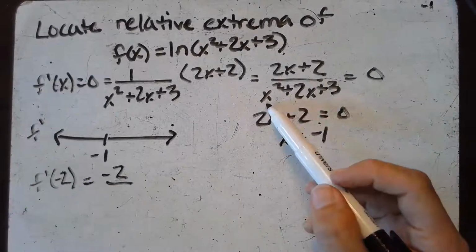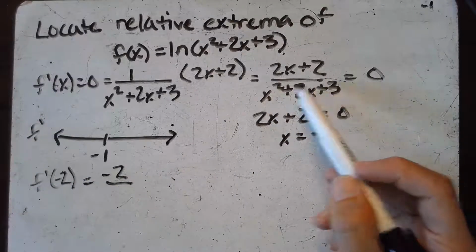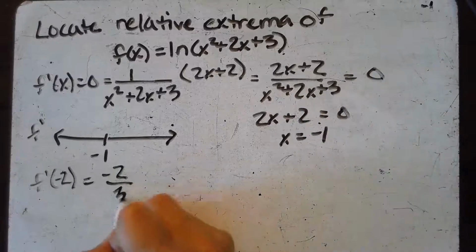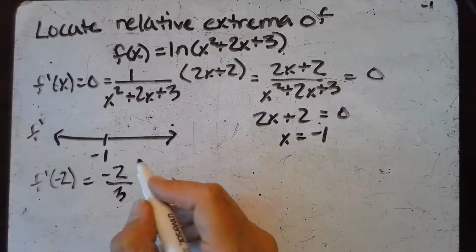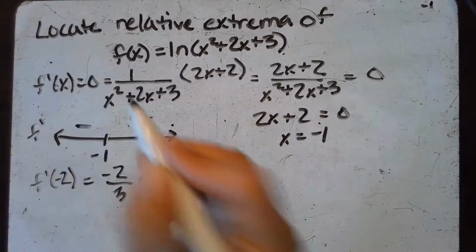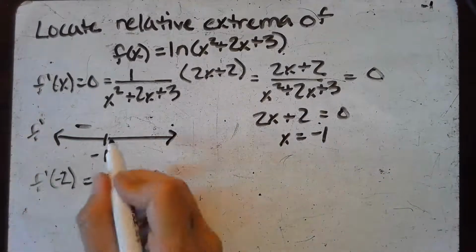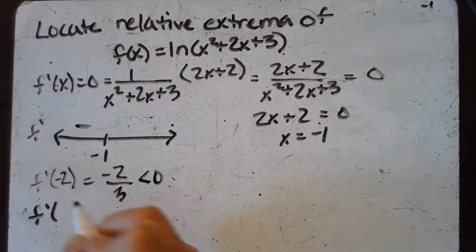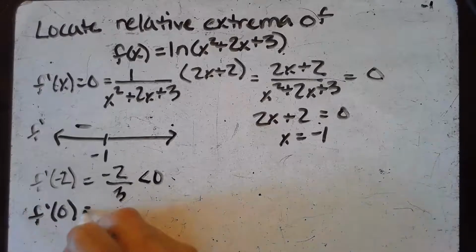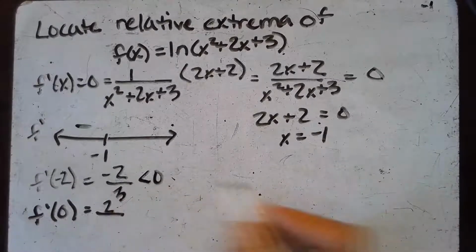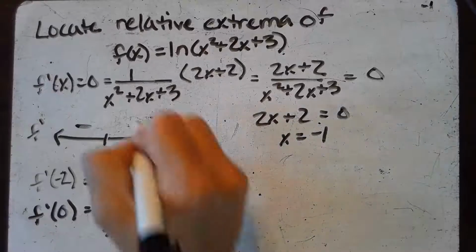And then negative 2 squared is 4, plus 2 times negative 2, that makes it 0, plus 3. So this is less than 0. And then if I do something on this side, say f prime of 0 makes it easy. That's going to be positive 2 over 3, so that's greater than 0.